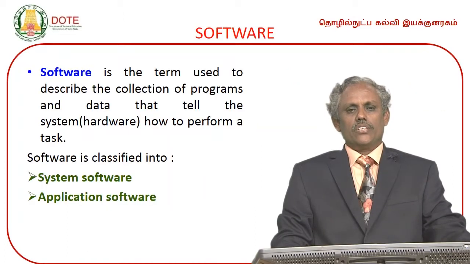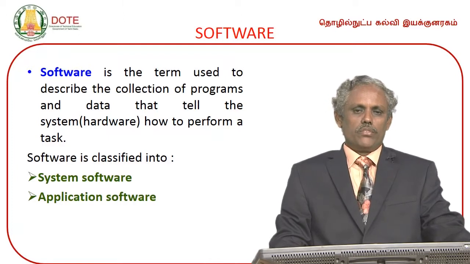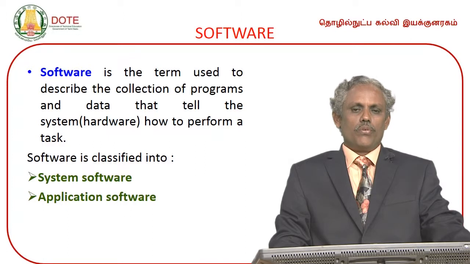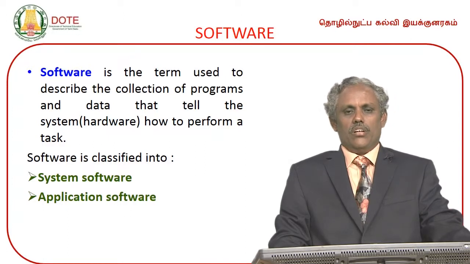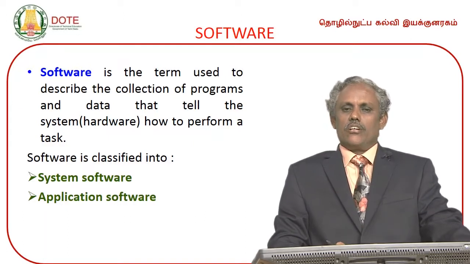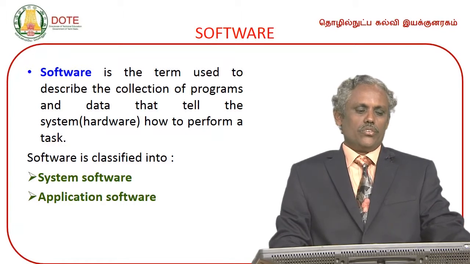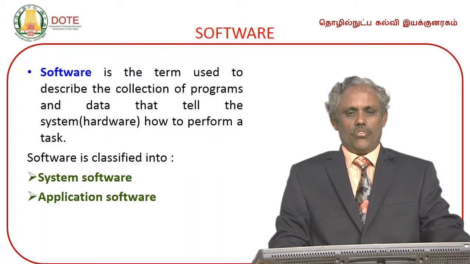Software is the term used to describe the collection of programs and data that tell the system how to perform a task. It is a collection of programs that instruct the machine how to do a particular task. The software is classified into system software and application software.